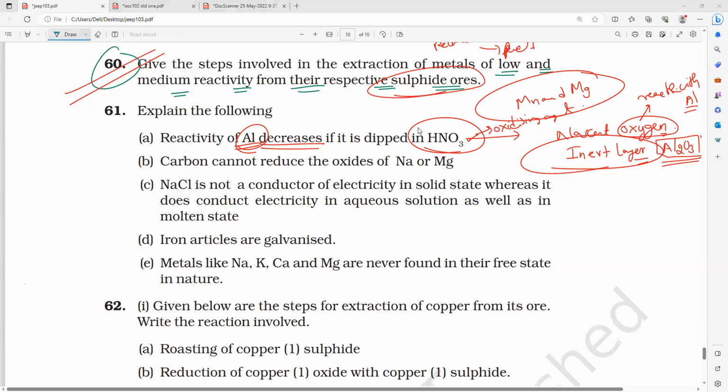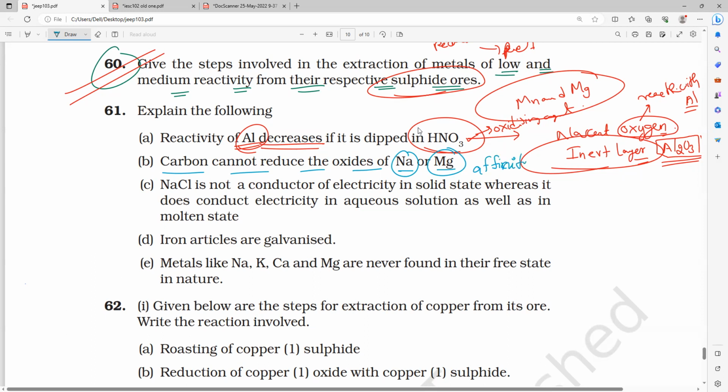Okay, next: carbon cannot reduce the oxides of sodium and magnesium. Why? Anybody? Sir, because carbon is less reactive than... Yes. For sodium and magnesium, you have to use a word called affinity. It will come in the third chapter, first paragraph itself.